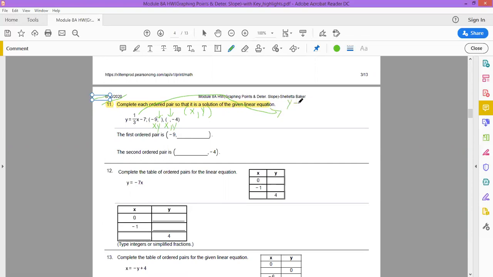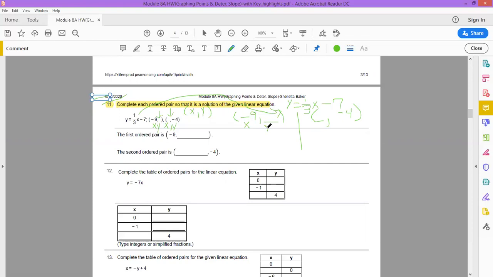y equals 1/3 x minus 7. For the first ordered pair, you have -9, comma, and then an empty space. For the second ordered pair, you have an empty space, then -4. So we have the x-coordinate for our first ordered pair.